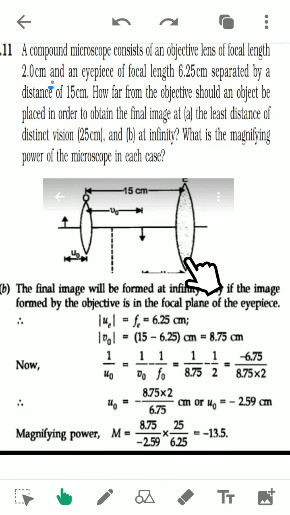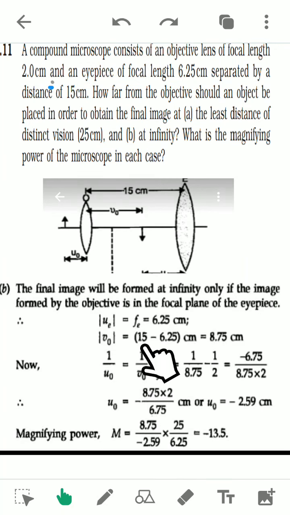Then by using the formula 1 by V minus 1 by UE is equal to 1 by FE, UE is equal to FE, which is 6.25 centimeter. Now again we will calculate VO. VO is 15 minus 6.25, that is 8.75 centimeter.